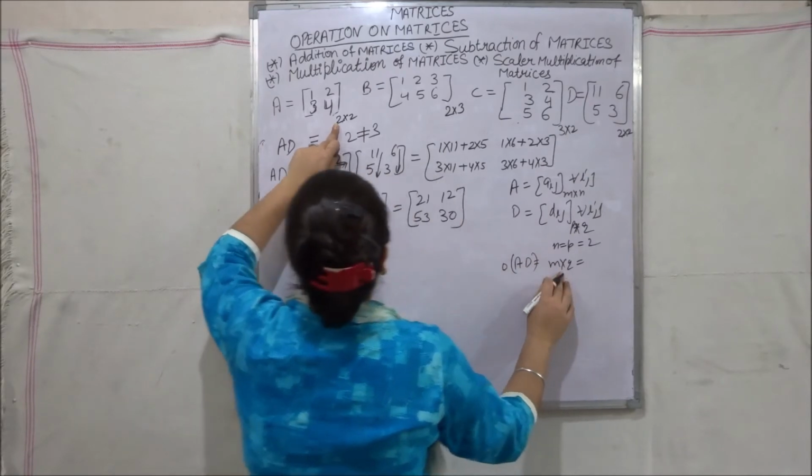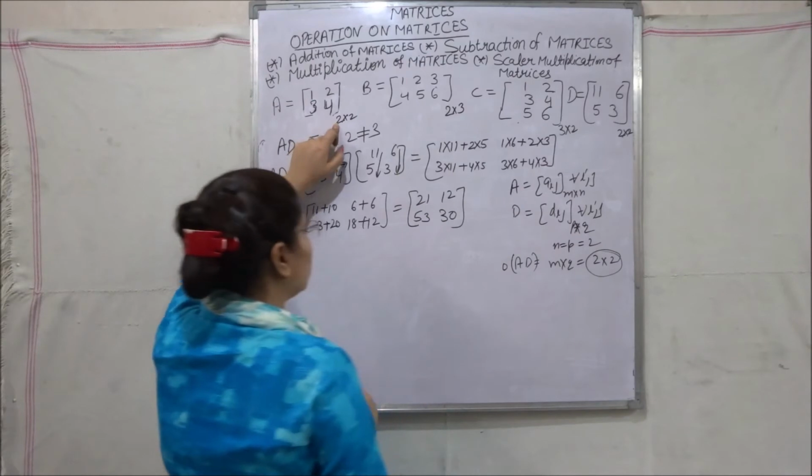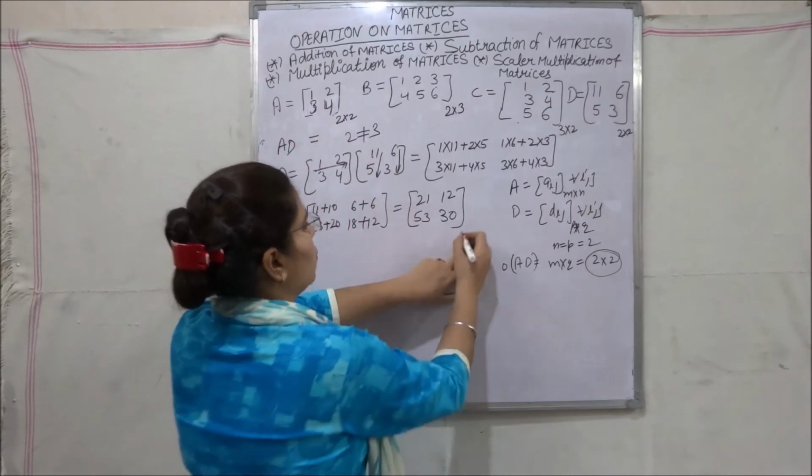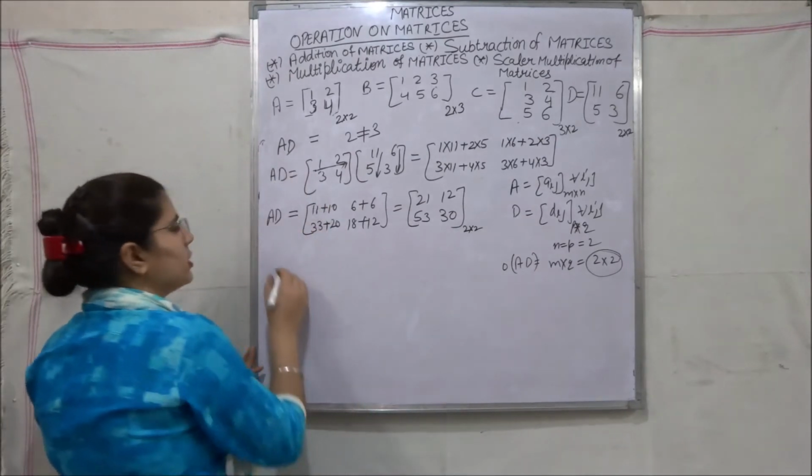So here m is 2 and q is 2. So the resultant product matrix should be of order 2 cross 2. So here multiplication is done.